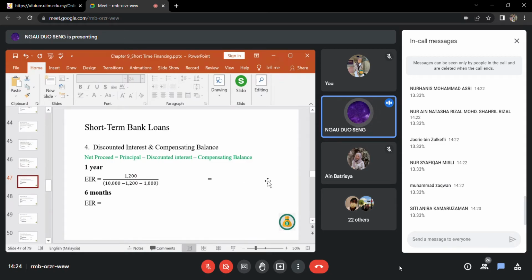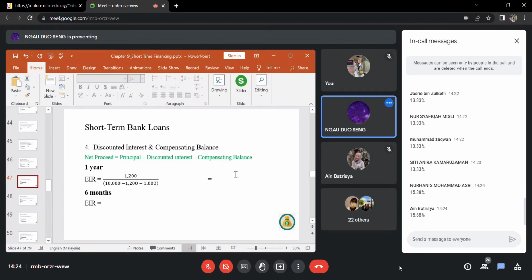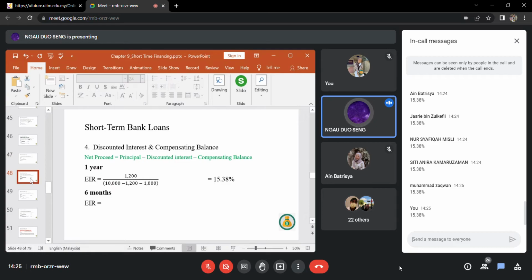Alright, so equal to how many percent? Alright, so let's check. Then we have 15.38%. Right, betul. Then you calculate for 6 months.